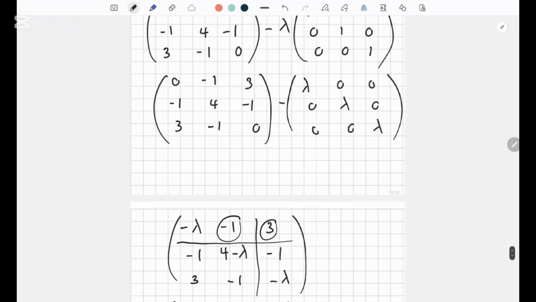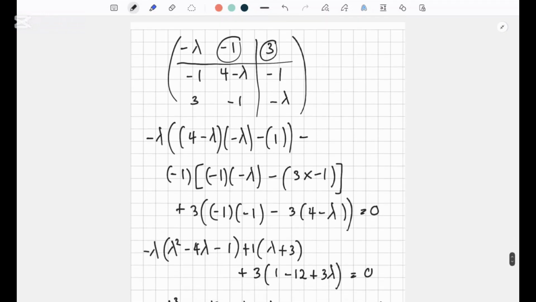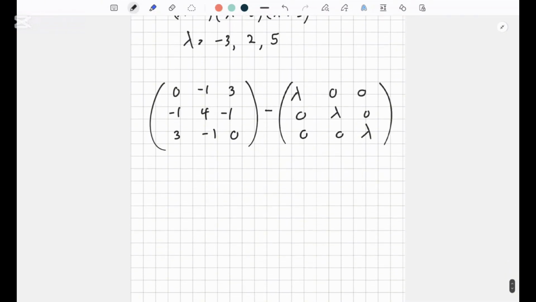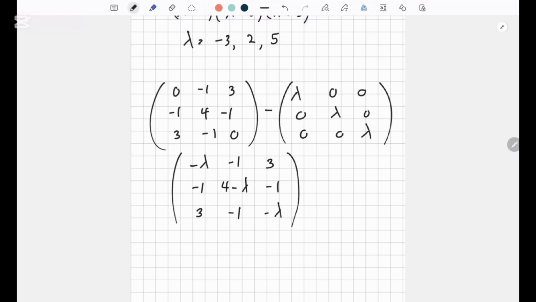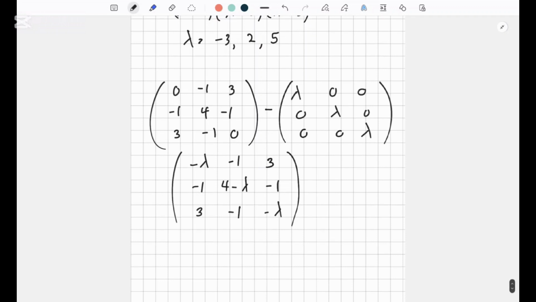We wrote that down as, yeah, I think so, it's minus lambda, minus 1, 3, minus 1, 4 minus lambda, minus 1, 3, minus 1, minus lambda, right? So let's put in minus 3 first. So, and it's like this, okay?